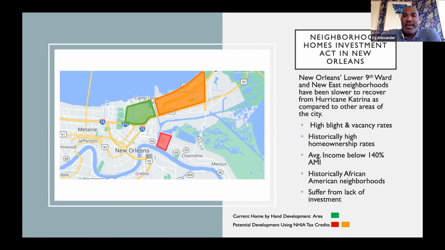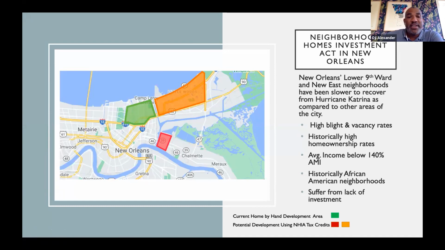But what's unique about these two neighborhoods, the lower 9th Ward, the red highlighted area, and New Orleans East, highlighted in orange, is that both suffer from a high percentage of blight and vacancy. Here in New Orleans, because of Katrina, we've got a lot more vacant land than vacant structures.